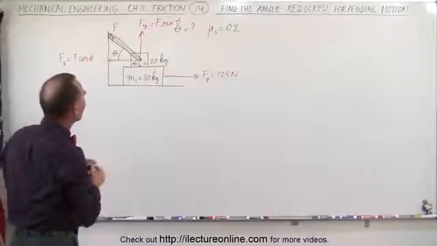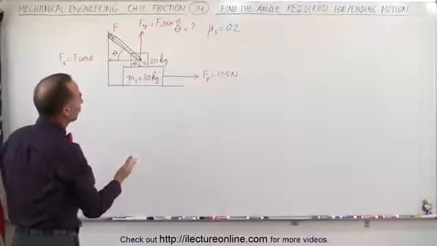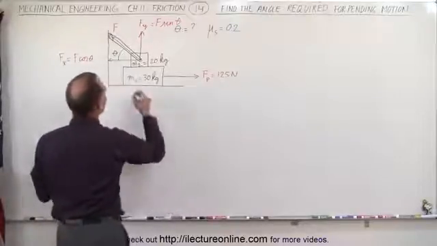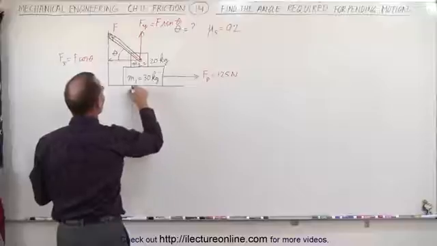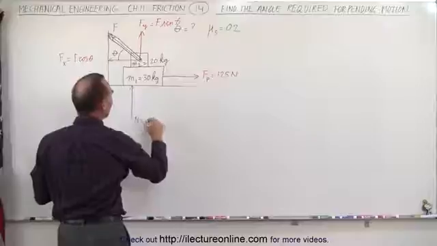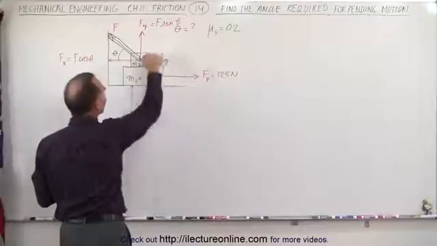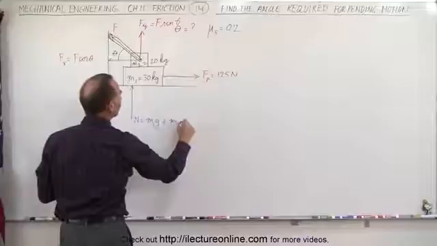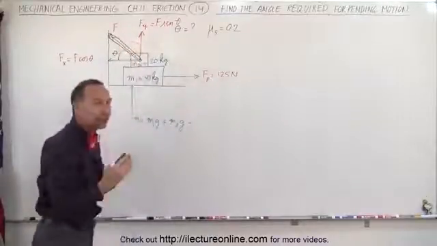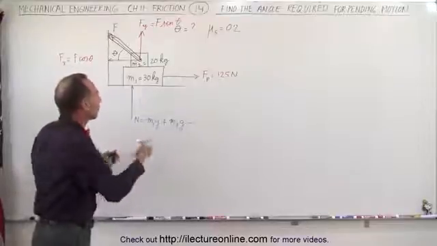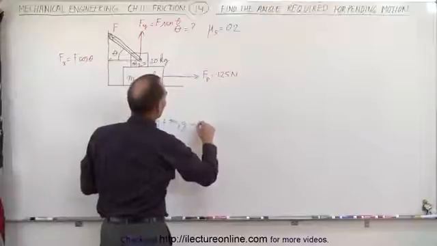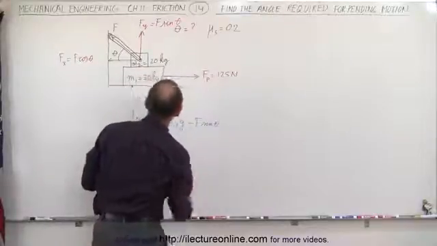Next, we need to realize that there are going to be some normal forces and some friction forces. So let's find all the normal forces. First, we have the normal force 1, N1, which is equal to the weight of M1, that's M1g, plus the weight of the next block, M2g, minus the vertical component of the force of the bracket, because it takes some of the weight of the block, so it reduces the normal force: minus F sine theta.